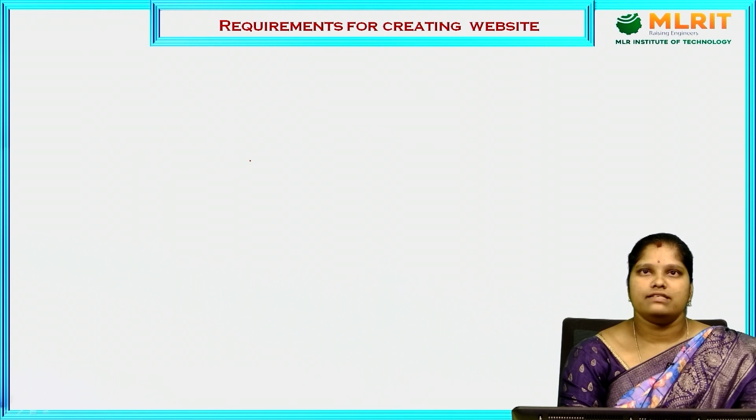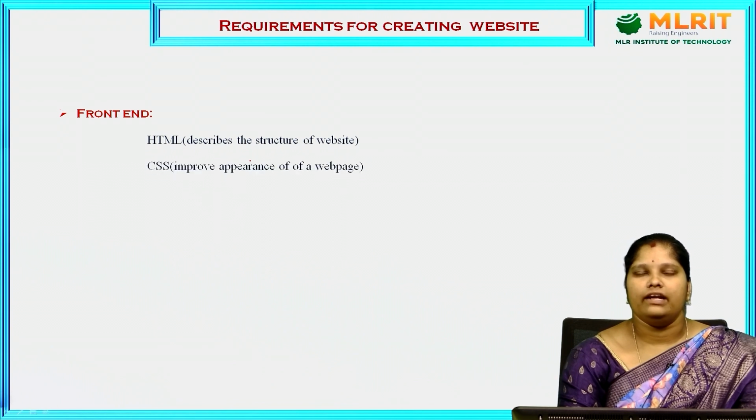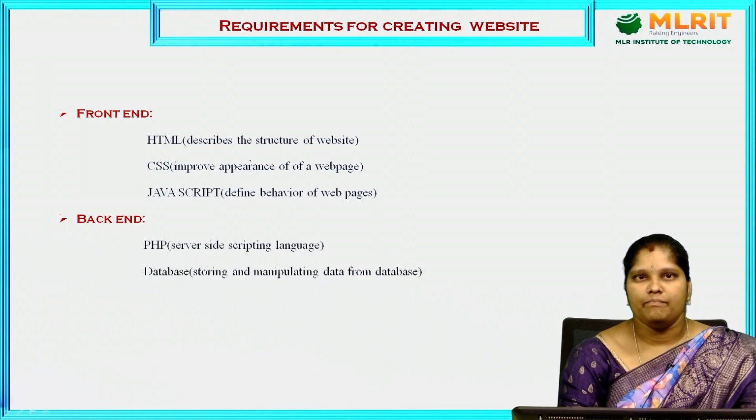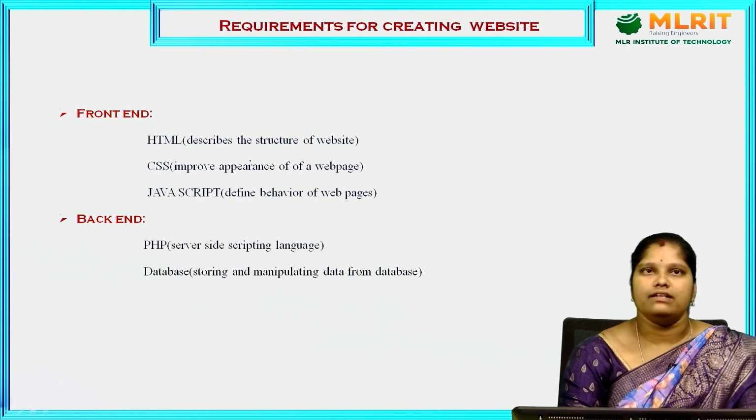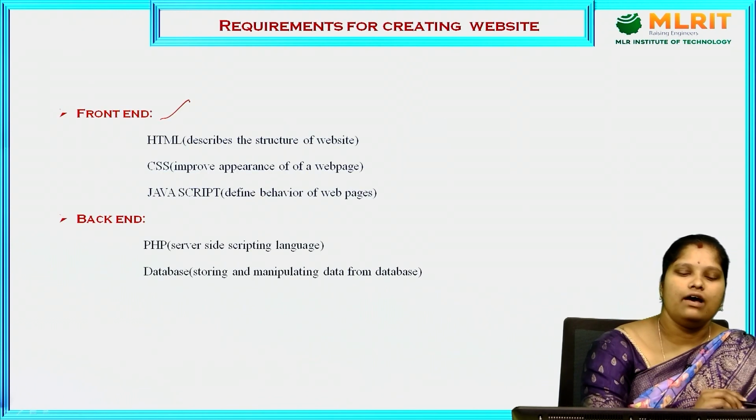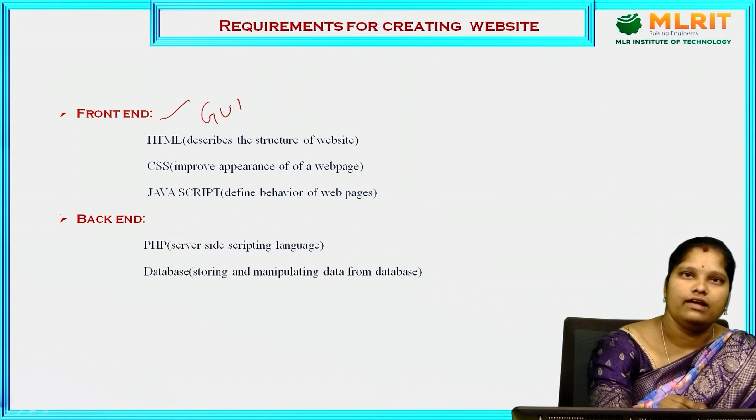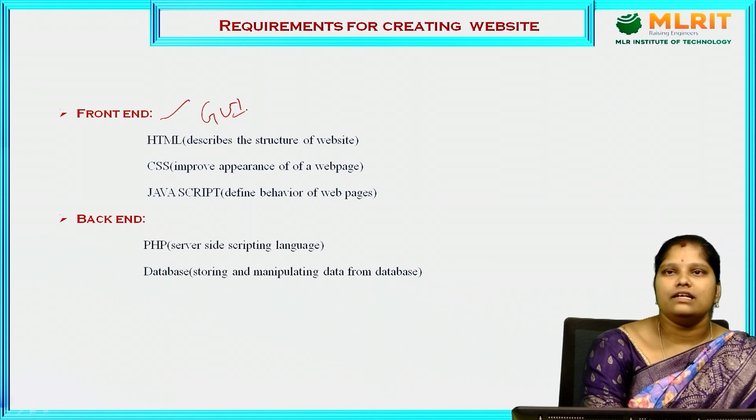And next one is the requirements for creating any website, right? For creating any website, we need a front end part and a back end part. What does front end mean? It is the GUI, graphical user interface.